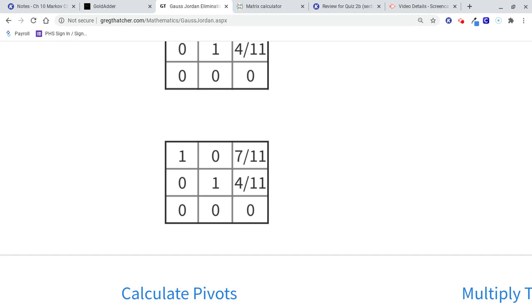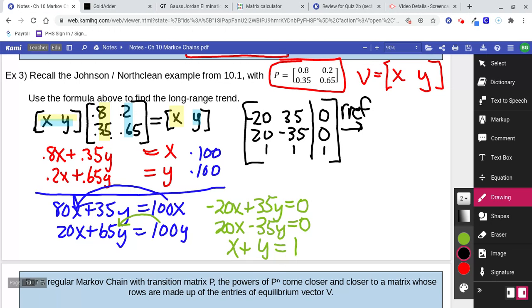If you think about it, if you had two variables and 50 equations, and you did a Gauss-Jordan with 50 equations, you're going to get 48 rows that have 0 equals 0 in it, because all you needed really was two equations. So as long as you have two equations with two variables, as long as you can see that x equals 7/11 and y equals 4/11, you've got your answer. As long as you can see what happens with x and y, you've got your answer, 7/11 and 4/11.